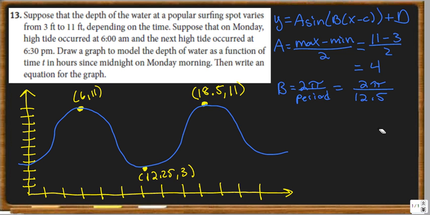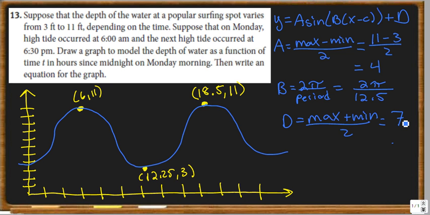Next we need to find our D value. Remember, we want to find D first because our C value will depend on it. For D, all we do is the max plus the min divided by 2. If we go back up to A, we just add a plus sign in there, so we get 14 over 2, which gives us 7.